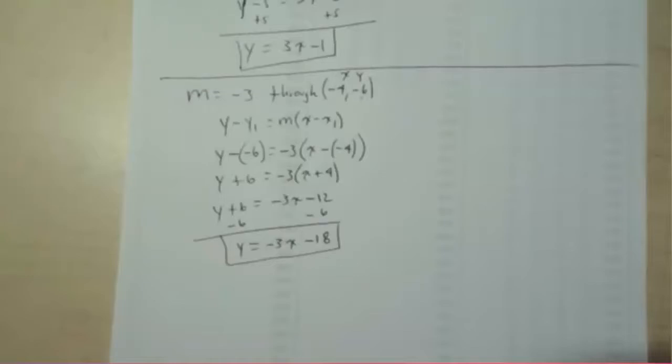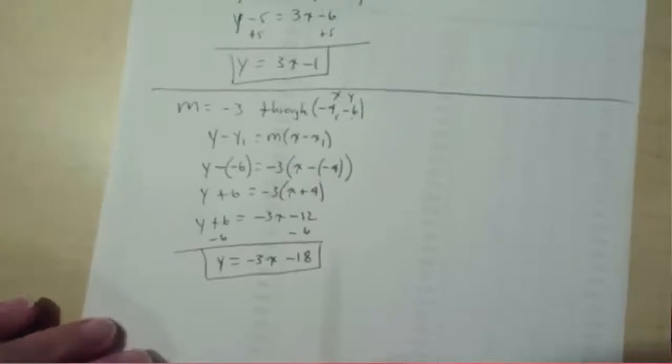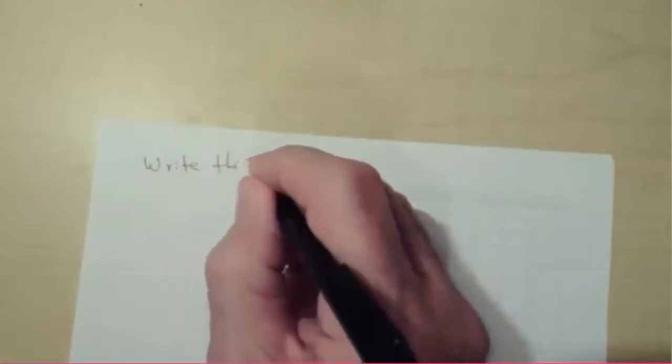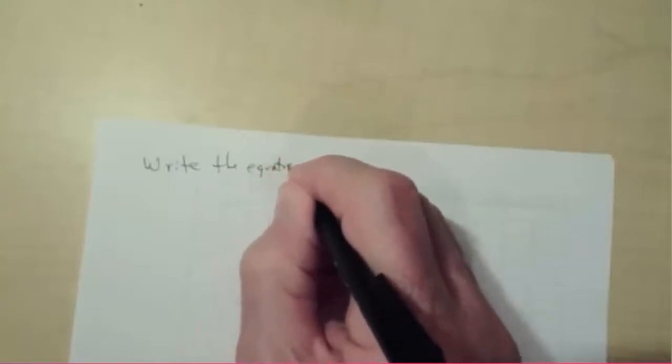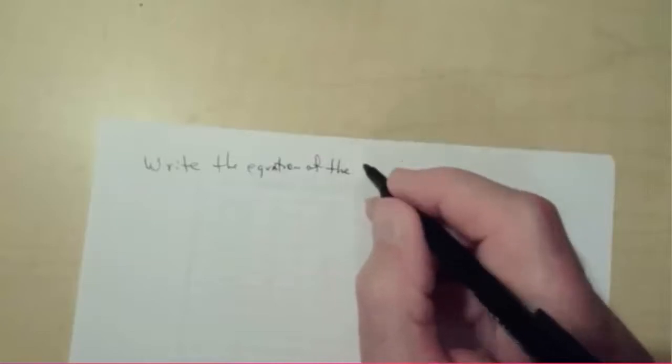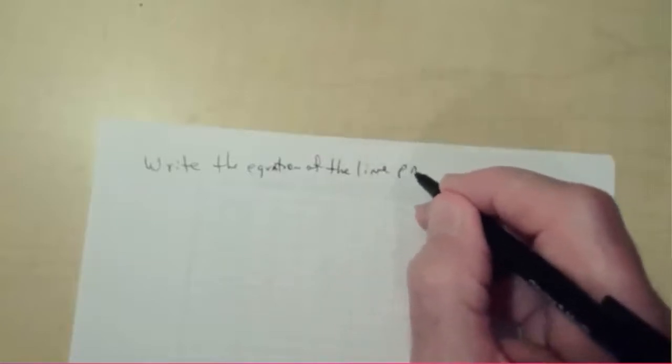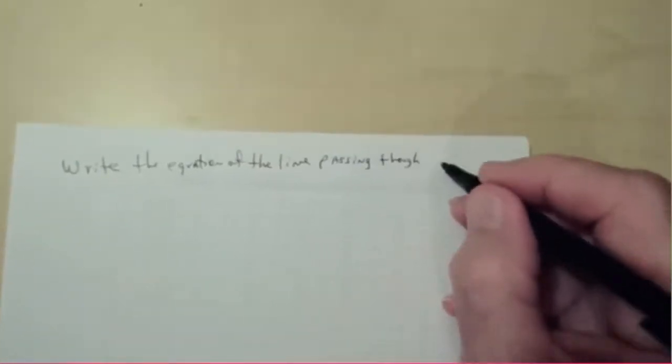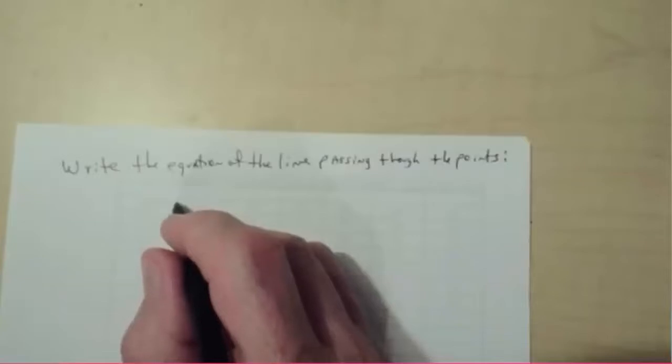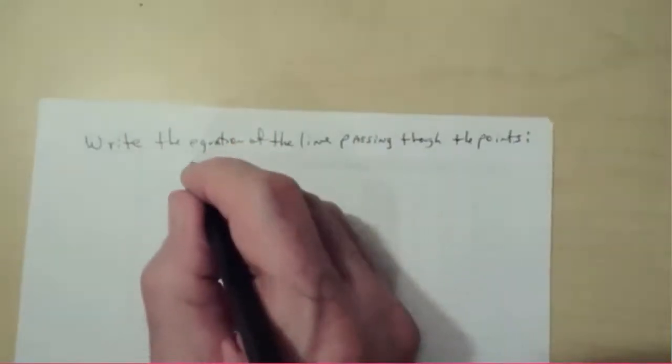Okay. Now you're also going to get this. Write the equation of the line passing through the points 6, 4, and 8, 10.